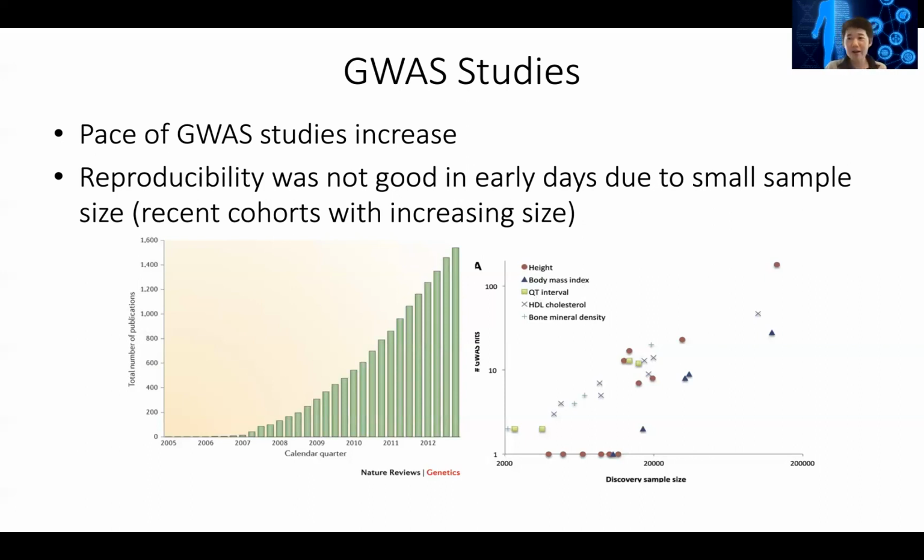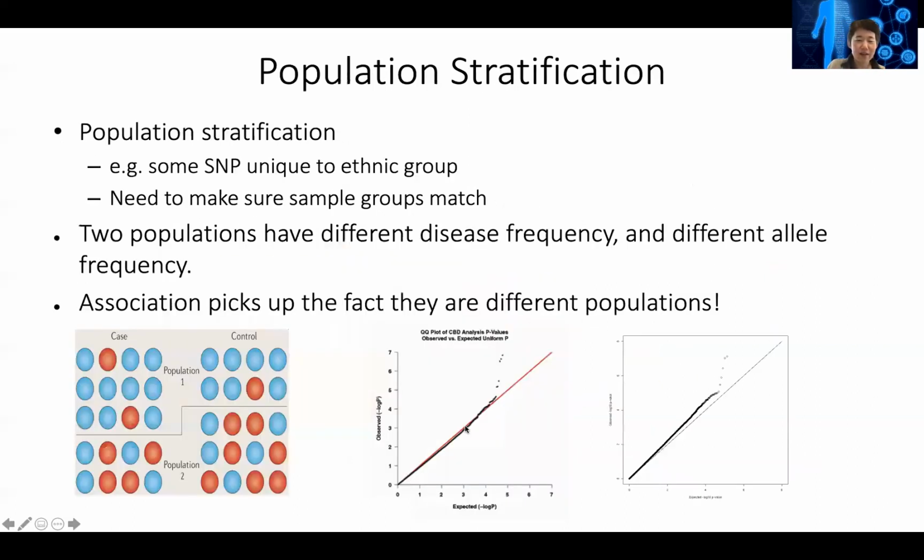You can look at hair color, eye color, disease associations, even IQ, skin color and things like that. So in these types of GWAS studies, to make sure you are getting a robust result, having a bigger cohort is very, very important.